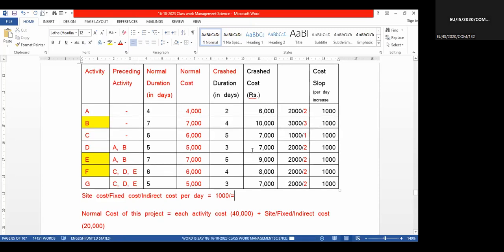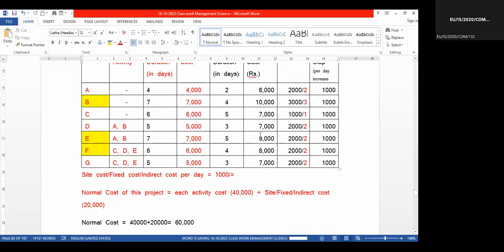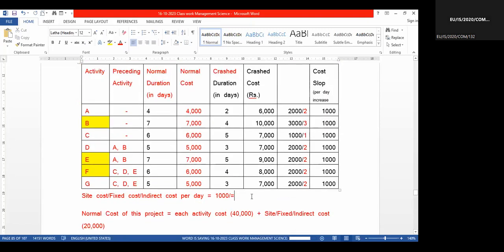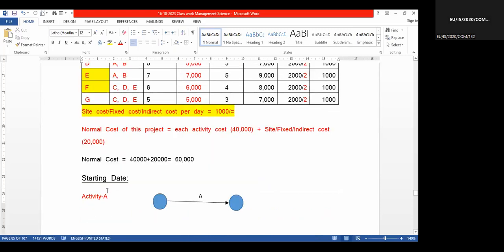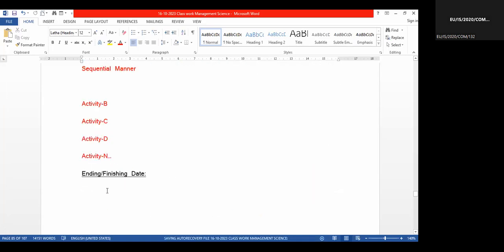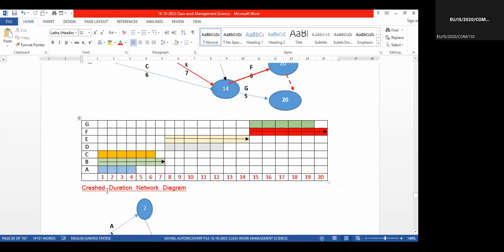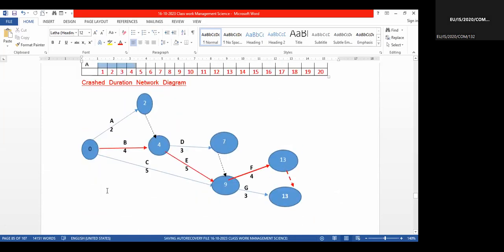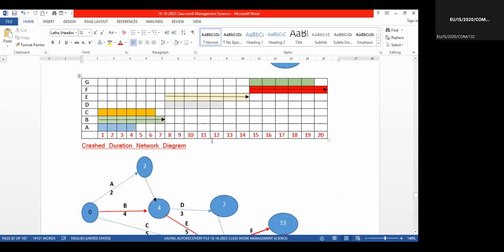Okay, students, did you understand this table? Yes, sir. Right. Now, what is the crash cost of this project? Normal cost, you know that. What is the crash cost of the project? Because you have already drawn the network diagram for the crash. That is 13 days, the crash duration network diagram you have drawn.